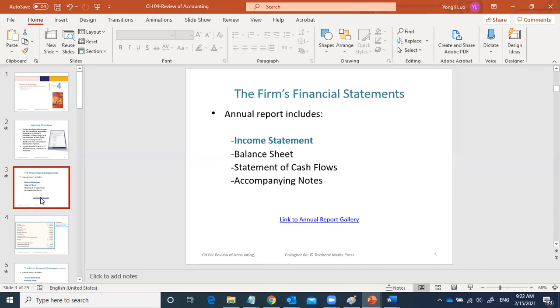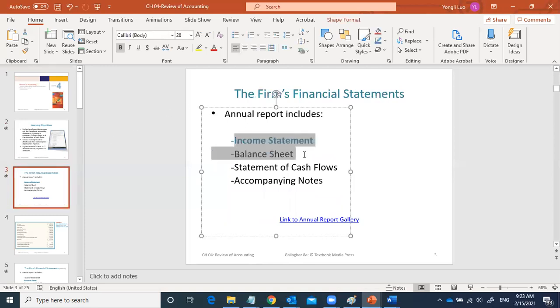The annual report includes the income statement, balance sheet, statement of cash flow, and company notes. Those are the major three financial statements, which we call the annual report.